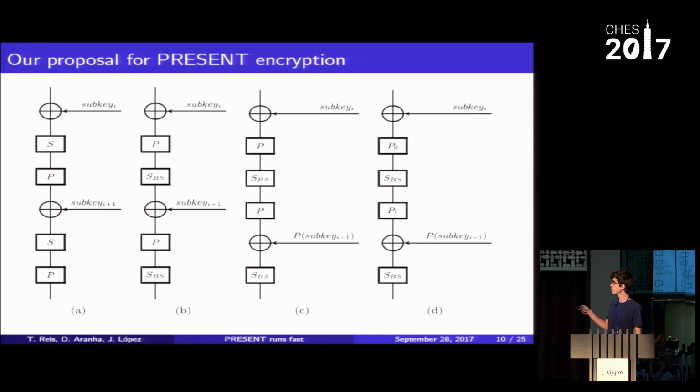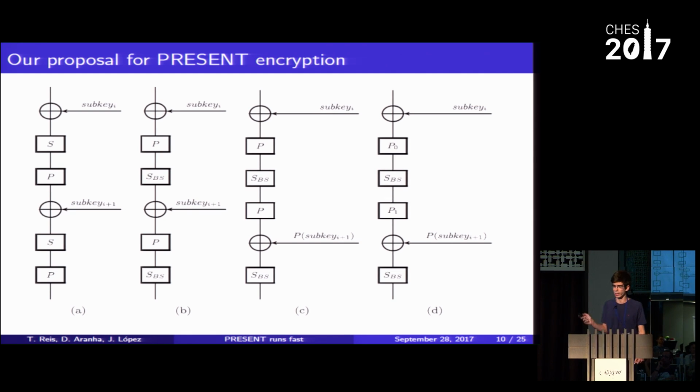Instead of applying two permutations P, we will apply two different permutations, P0 and P1. At first glance, applying P0 and then P1 has to have the same effect as applying P and then P, so it has to be the same as applying P squared.